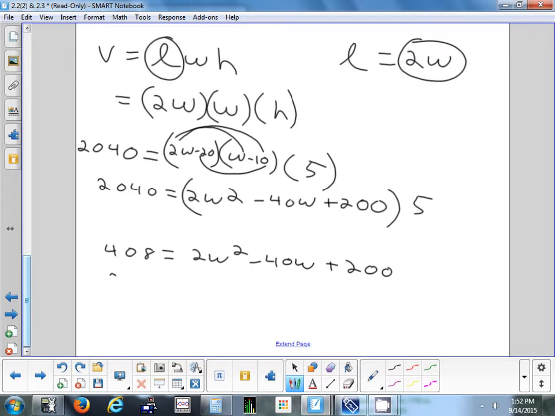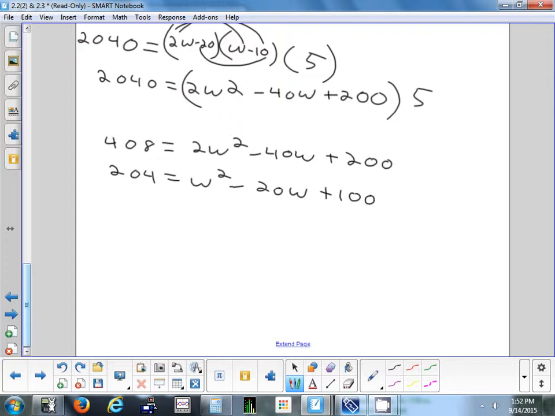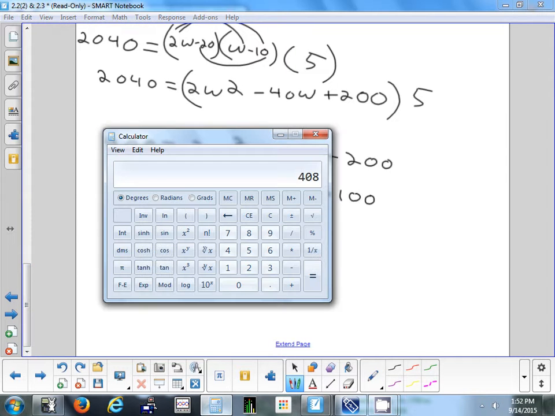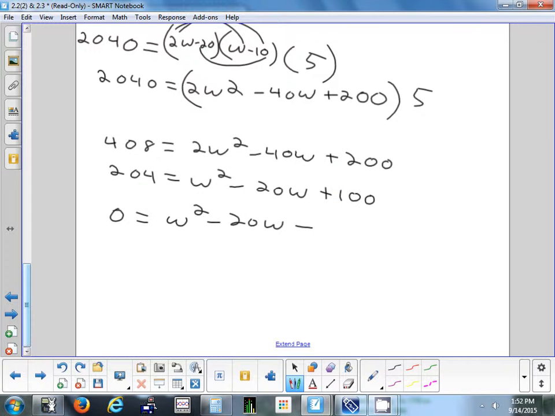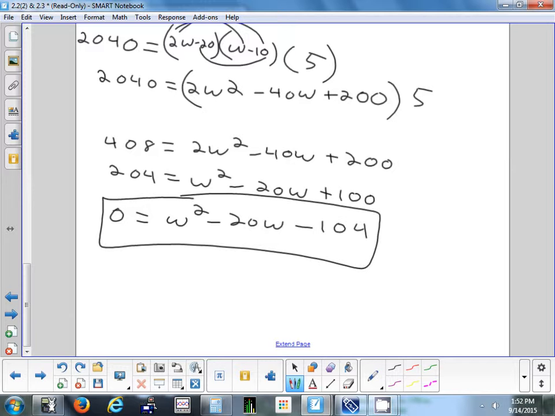Yep, divide everything by 2. 204 equals W squared minus 20W plus 100. And I would bring that 204 to the other side, so it's going to be minus 104. And there's basically your equation to solve.